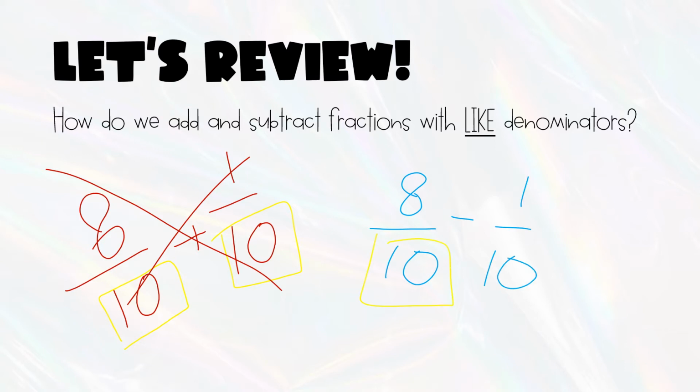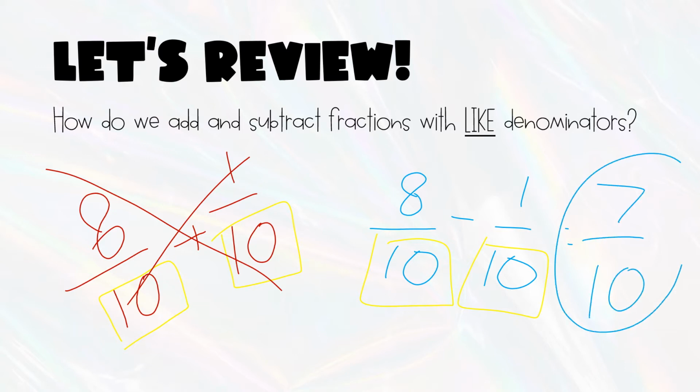My denominators again are staying the same, and 8 minus 1 is 7, and the 10 stays the same. So my answer is 7/10. So that's something that you should have learned in 4th grade last year.